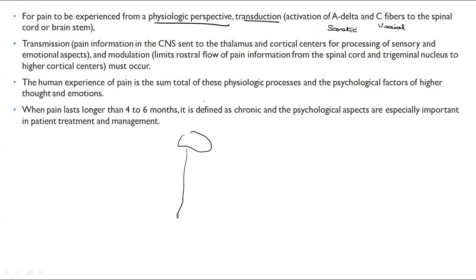The human experience of pain is the sum of all these physiological processes and psychological factors of higher thought and emotions. When a pain lasts more than 4 to 6 months, it is called chronic, and the psychological aspects are especially important in patient treatment and management.